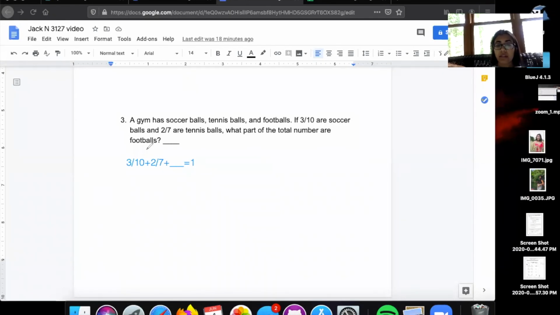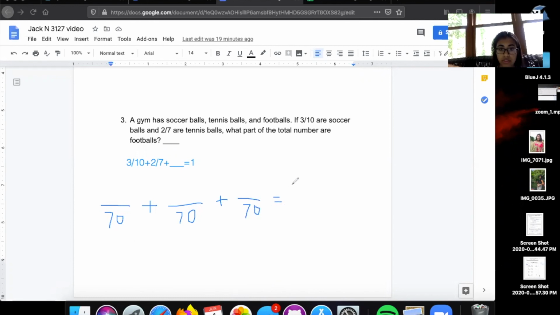So we want to find our common denominator again, which in this case, 10 times 7 will get us 70. So we can add 3 numbers together that are all out of 70. Okay, and then they all equal to something that's 70 over 70, because that's what a fraction that's equal to 1 is.